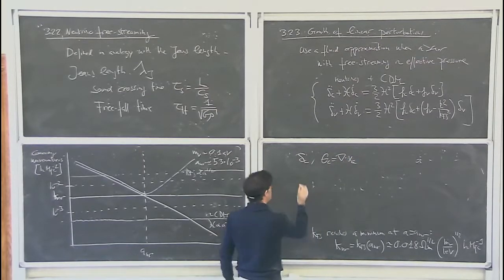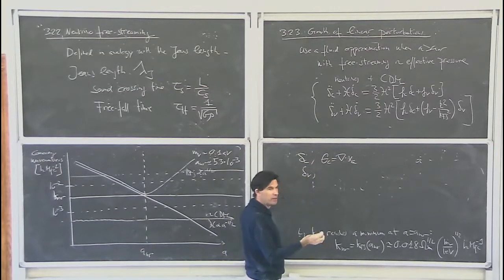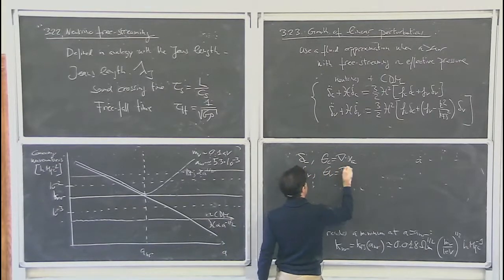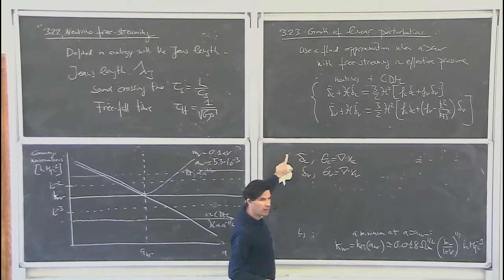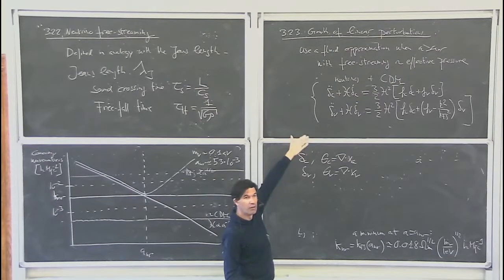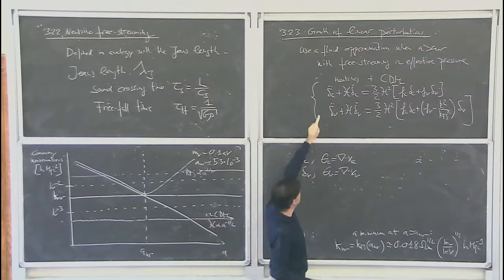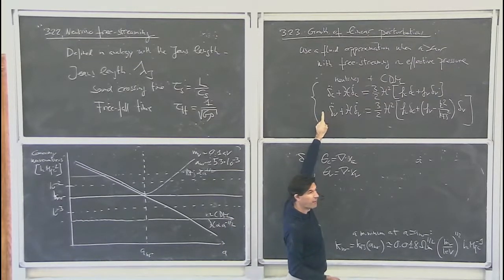And the same for neutrinos in this effective fluid description, there will be some bulk velocity. I get continuity and momentum conservation equations. And you can massage them and combine, for each species, these two equations into a single second order equation for the density fluctuation. So that's what I did here. That's what you would get for cold dark matter, and that's what you get for the neutrinos.